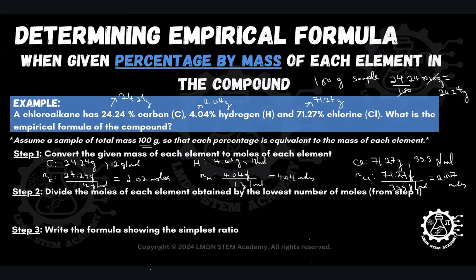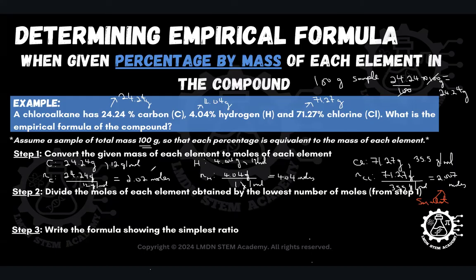All right, so let's look at all the numbers that we have now. We have 2.02 moles, 4.04 moles, and 2.007 moles. Out of all of these numbers, this one is our smallest, so I'm just going to point to that so we're all on the same page. That's the smallest number of moles from the conversion step.